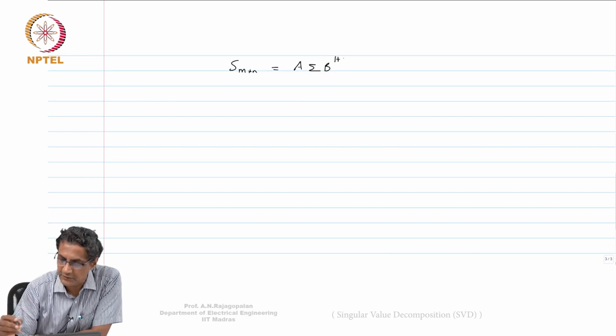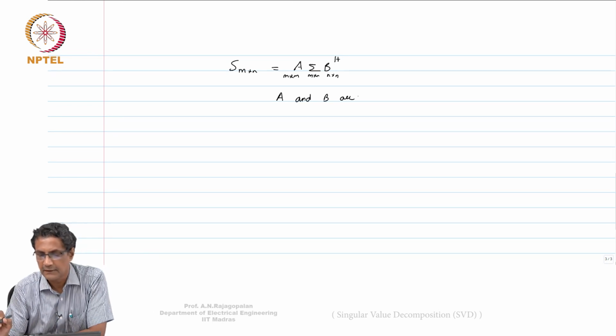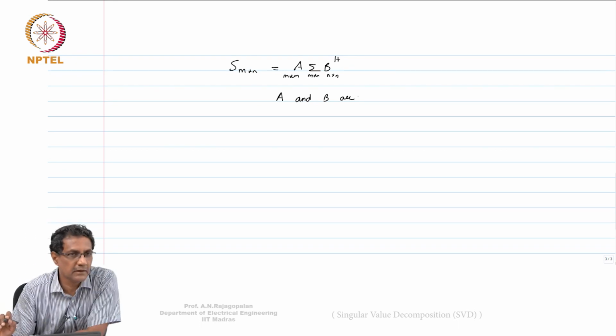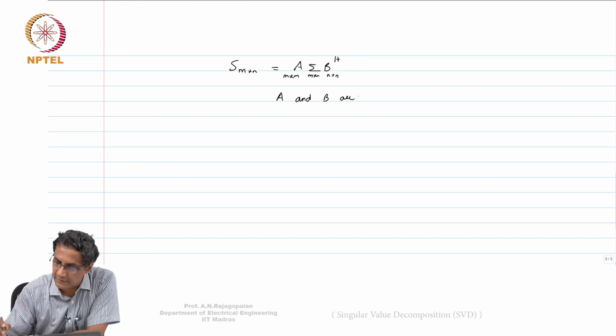But right now, what this means is that A is M cross M, this is M cross N, and B is N cross N, and A and B are individually unitary. It doesn't mean that AB Hermitian is identity. A Hermitian A is identity, B B Hermitian is identity; they are individually unitary.